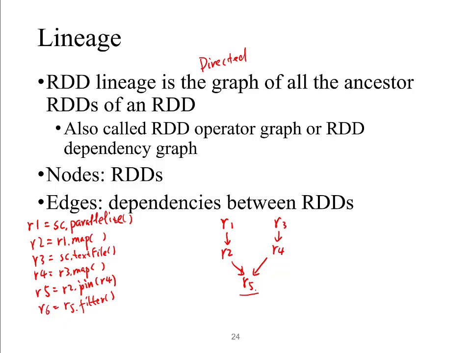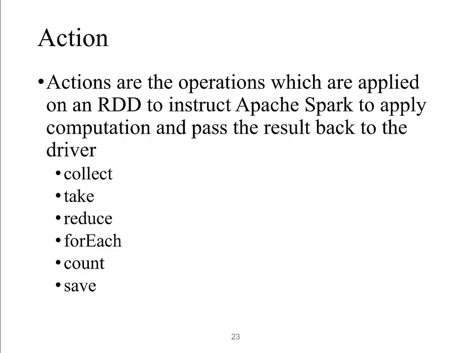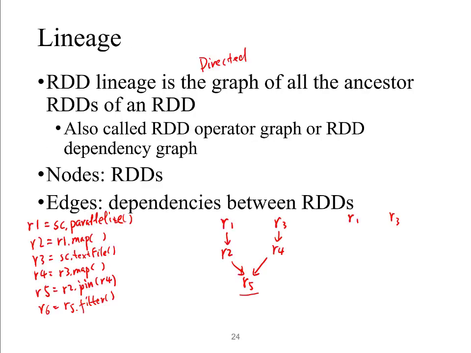So basically, while we create a new RDD, if it is from an existing RDD, then the new RDD will also carry a pointer to its parent RDD. For example, when we create R1 and R3, because they have no parents, we will do nothing.